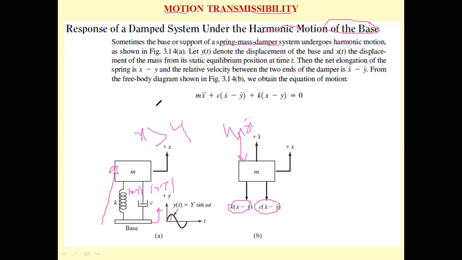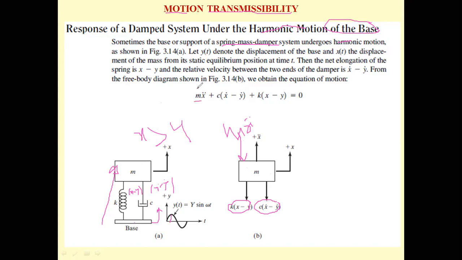From the free body diagram, we can write the equation of motion. All these three forces, that is inertia force, spring force and damping force, have the same direction, so all are positive, and the sum is equal to 0. According to D'Alembert's principle, the summation of inertia force plus external forces is equal to 0.